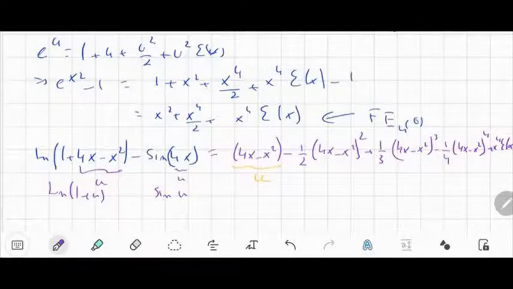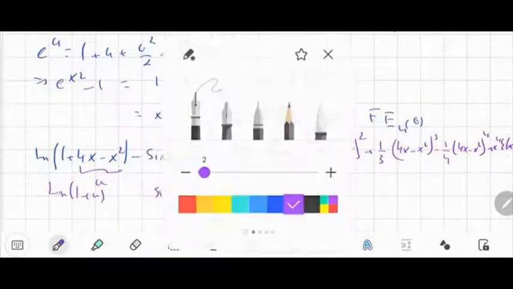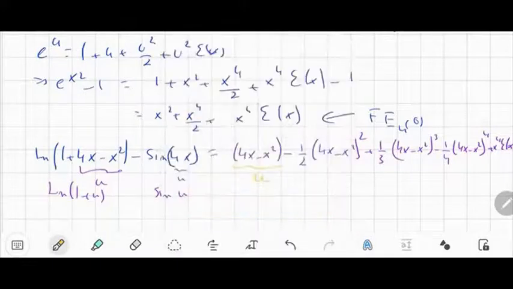This is for the ln. So again, what you have in here, it's u squared, in here it's u cube, and what's in here, it's u to the power 4.